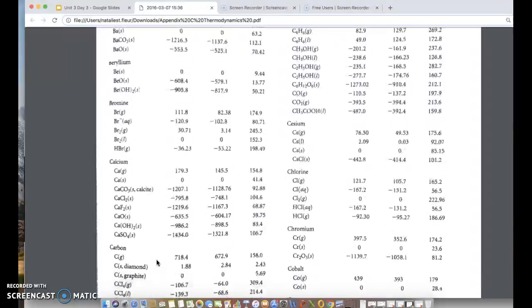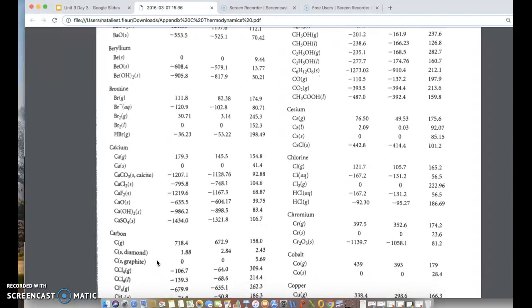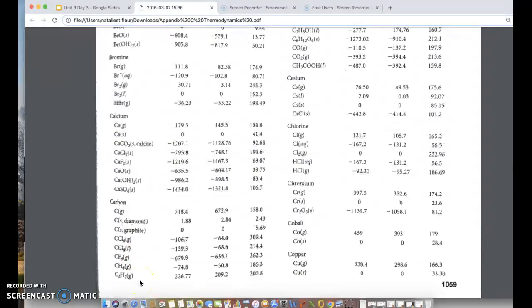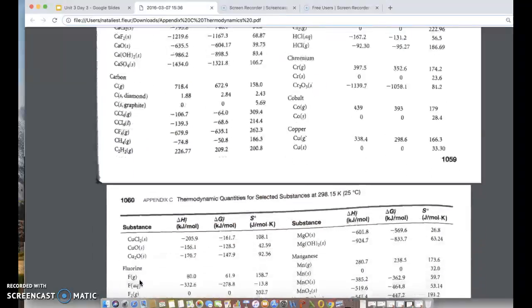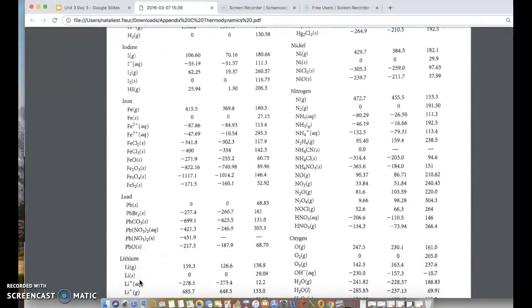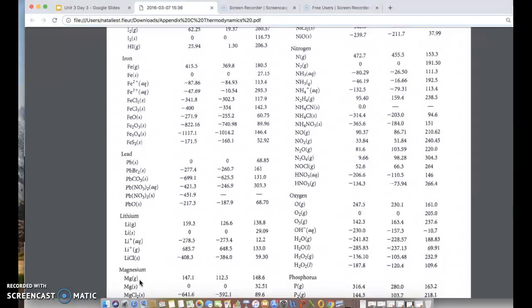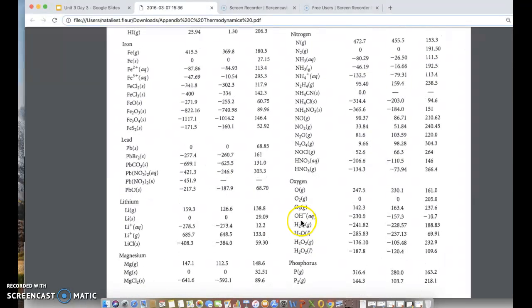For anything that's like a hydrocarbon, they have carbons. There's a whole big stack of it starting here and then going over on this side, so that's where you find carbon. One of the ones I want to point out for you is where do you find water. You may think you find that under hydrogen, but actually it's under oxygen. So H2O gas, liquid, you have to be careful, make sure that your phases match. If you're dealing with H2O gas, it's going to be different values than H2O liquid.